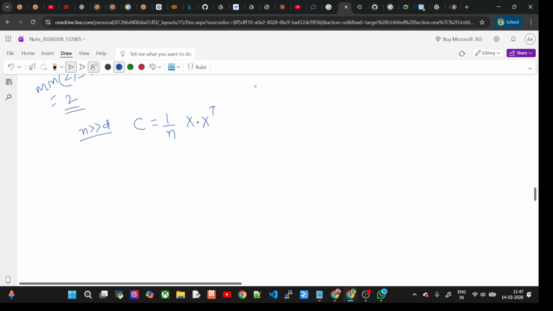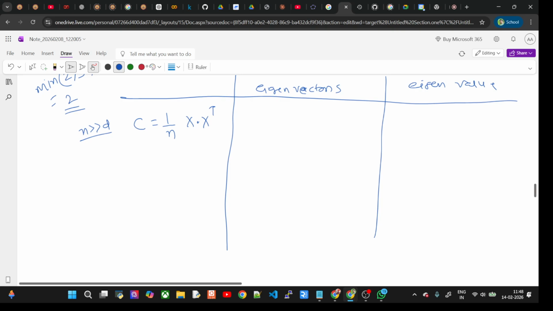Okay, and what are the eigenvectors and eigenvalues for this? The eigenvectors are w1, w2, and so on till wl.